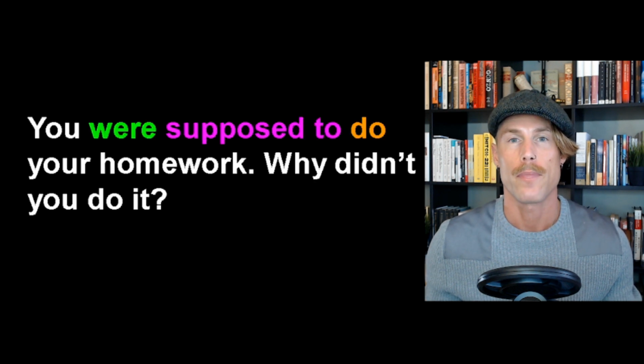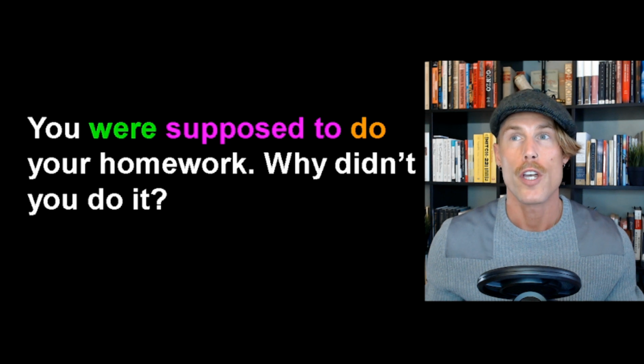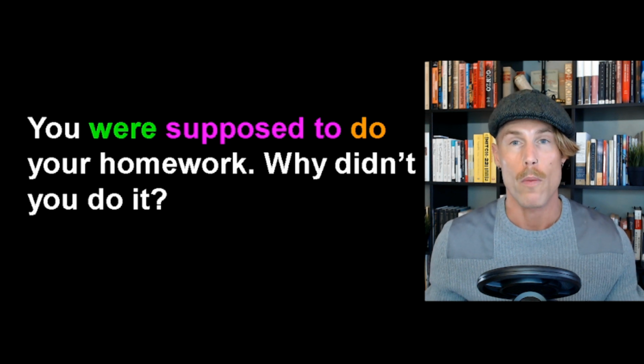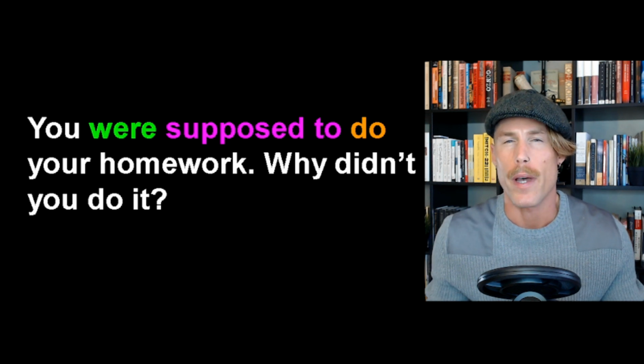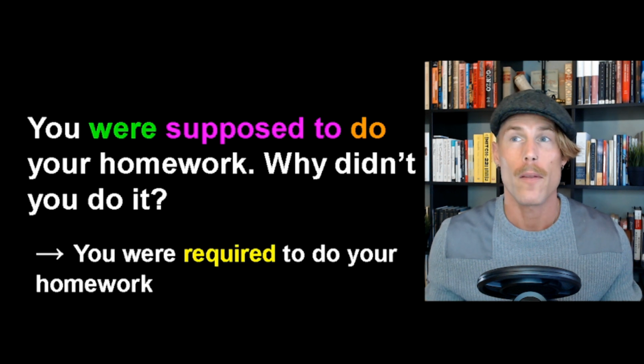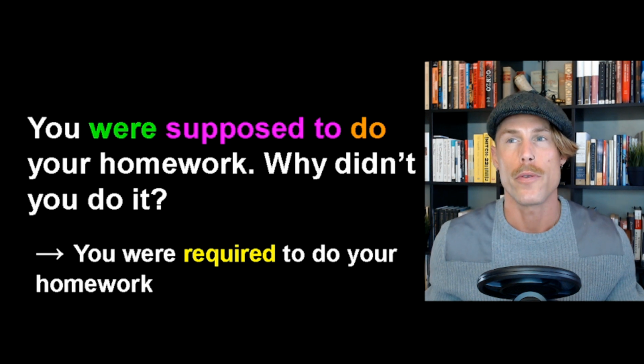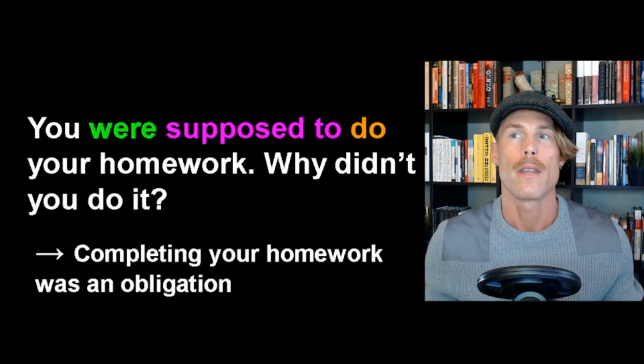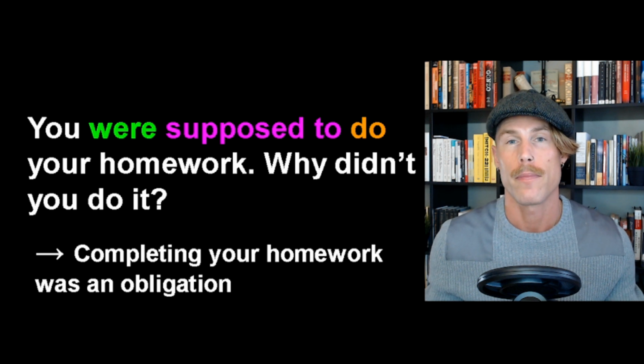Okay, another example. You were supposed to do your homework. Why didn't you do it? Well, this means you were required to do your homework. Completing your homework was an obligation, and you didn't do it, right?